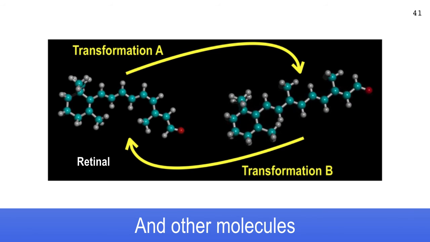And then after a few seconds, it'll migrate back down to its lower energy state. That's the transformation B, back to the folded state. Okay, and that's what happens with your eye. And all that is described by starting with Louis de Broglie and all the other quantum physics that we've built up from that.